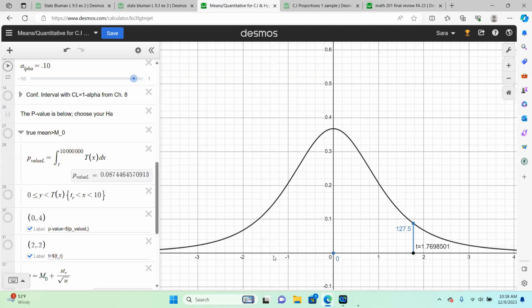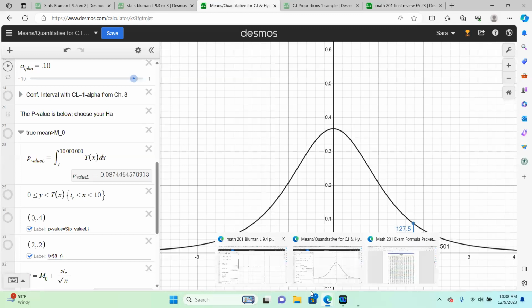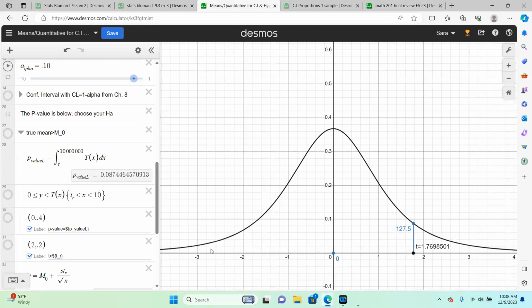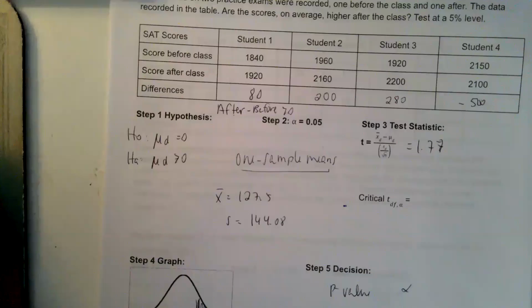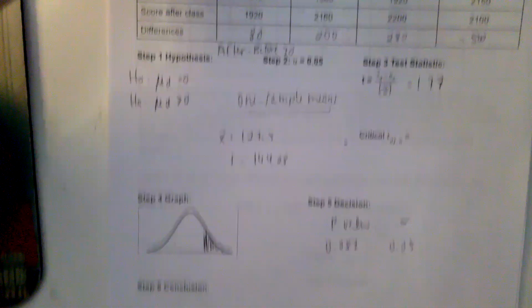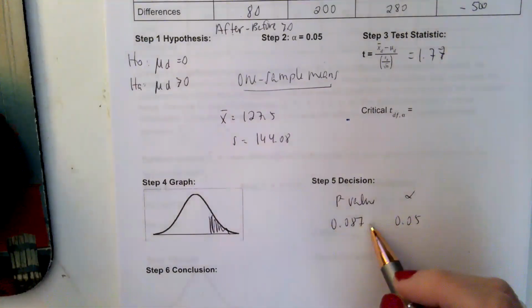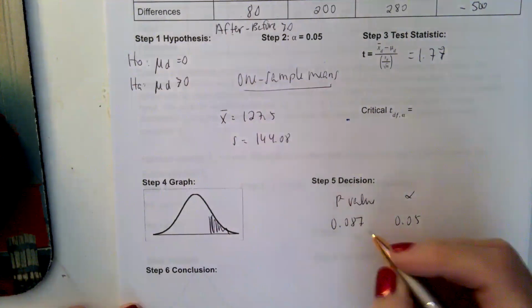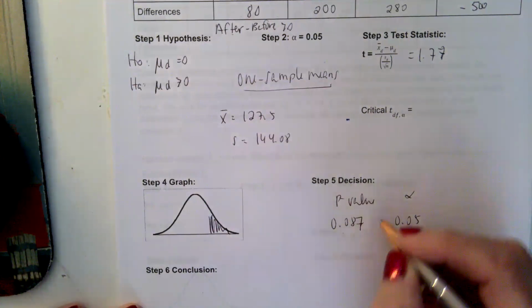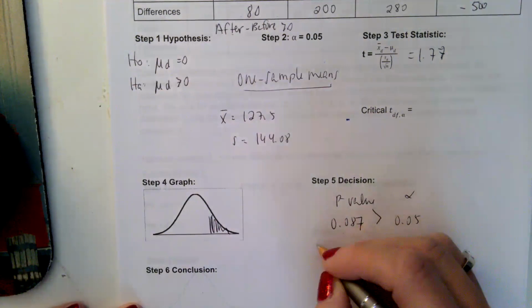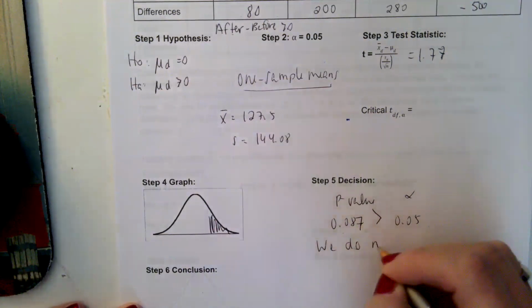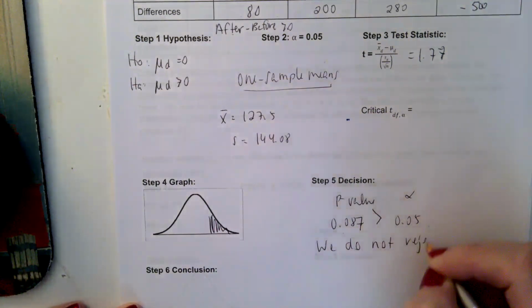And so when we go back to our paper, the p-value is the method that we're going to use. And so the p-value from the program is 0.087, which is greater than alpha. So we do not reject H0.